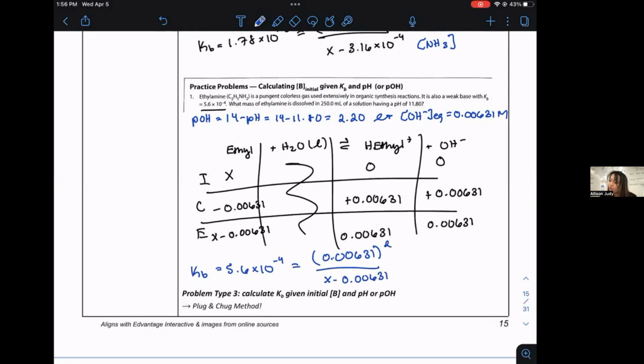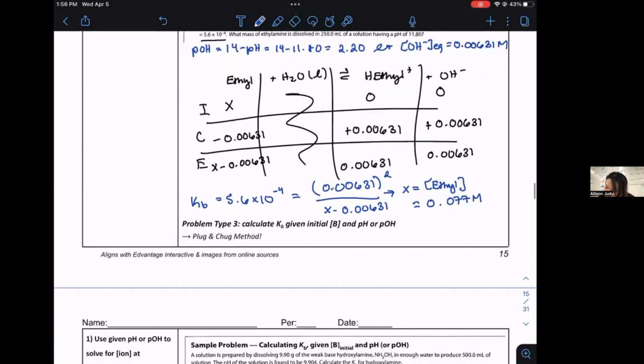And you would get a value for X, which by the way is the initial concentration of my ethylamine, which is going to be equal to 0.077 molarity.